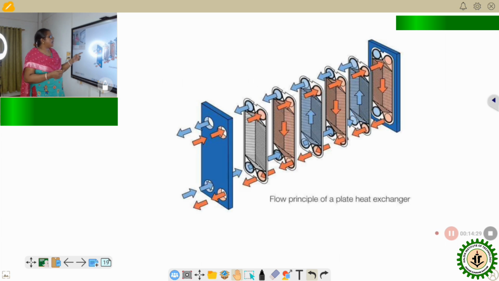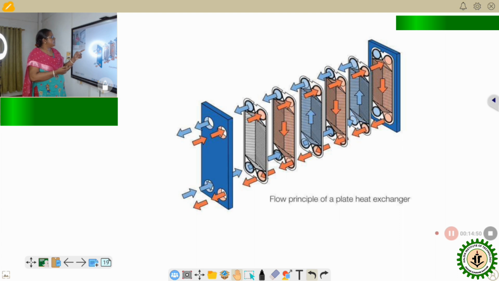Here I am trying to show the flow pattern in this system. The blue arrow shows the chilled liquid flowing, and the red arrow signifies the hot liquid.